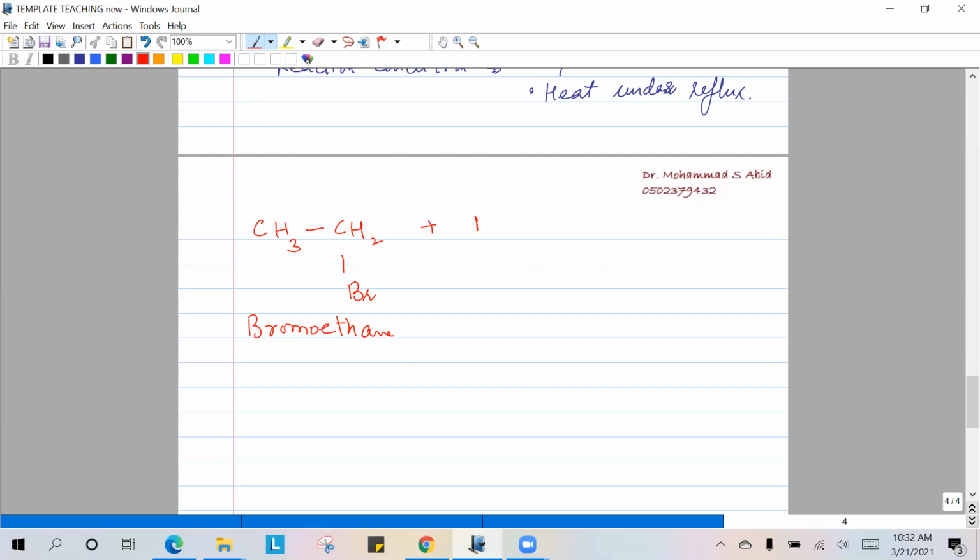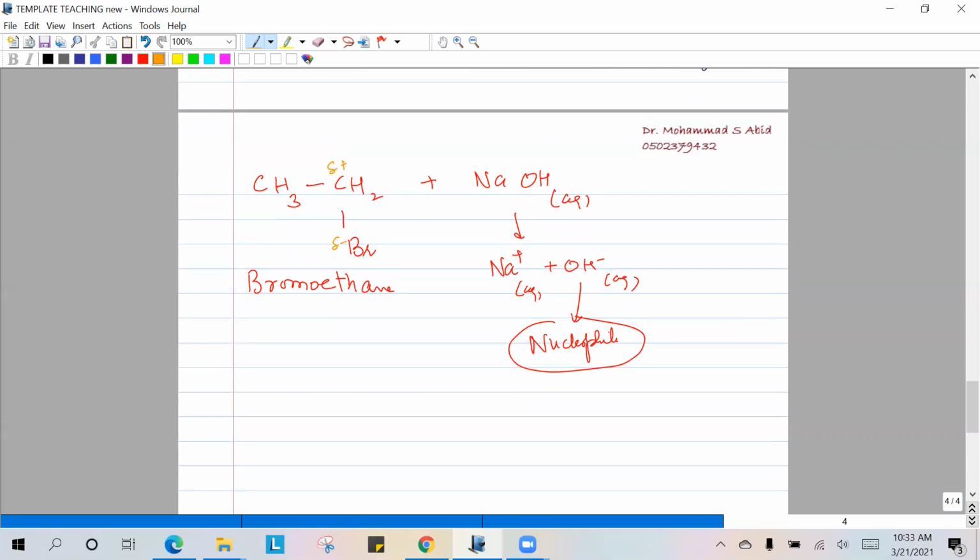Now when you react it with aqueous NaOH, the Na will be Na plus aqueous in the solution and OH minus aqueous. This is your nucleophile. This is not a mechanism, we are just talking about what is happening. The OH minus will go and attack the carbon.